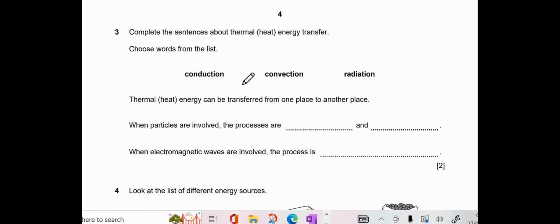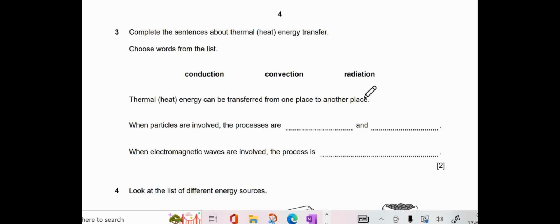Question 3. Complete the sentences about thermal or heat energy transfer. Choose words from the list. Thermal or heat energy can be transferred from one place to another place. When particles are involved, the processes are what and what. When electromagnetic waves are involved, the process is what. So when electromagnetic wave is involved, it will be radiation.